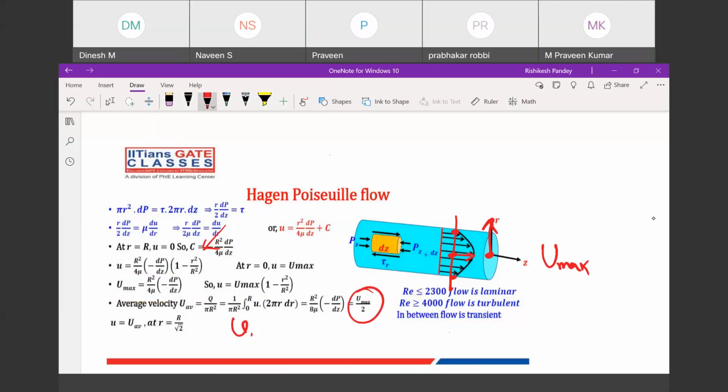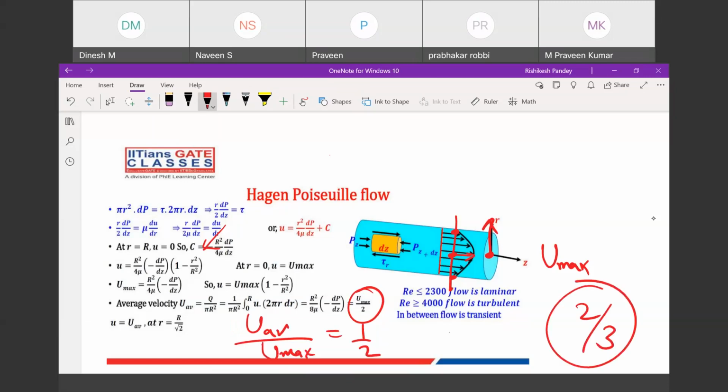So the ratio of average by maximum is what? 1 by 2. There it was 2 by 3. Here it is 1 by 2, half. The average velocity is half of the maximum velocity in case of Hagen-Poiseuille flow.